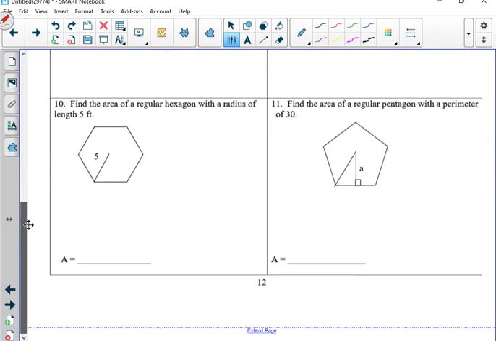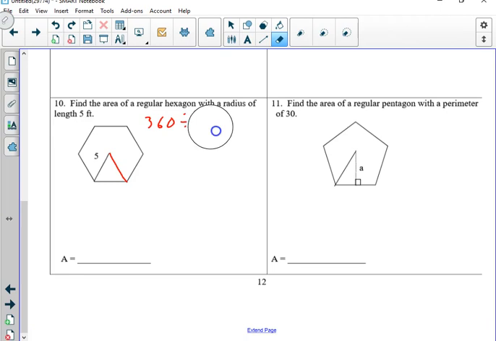Find the area of a regular hexagon with a radius of length of 5 feet. So, first off, 360 degrees divided by 6, hexagon, silly me, is 60 degrees. So each central angle is 60 degrees. When we split this here, that is going to make this right here 30 degrees.